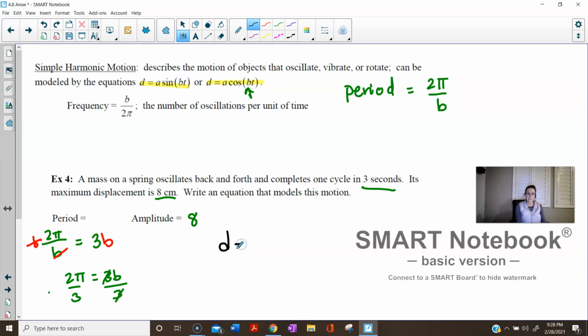So the equation that models this motion is going to be distance equals A, the amplitude, so 8, times sine of B, and B happened to be 2 pi over 3, times T. And this equation is going to change based on how much time you're looking at. And that's it for example 4.